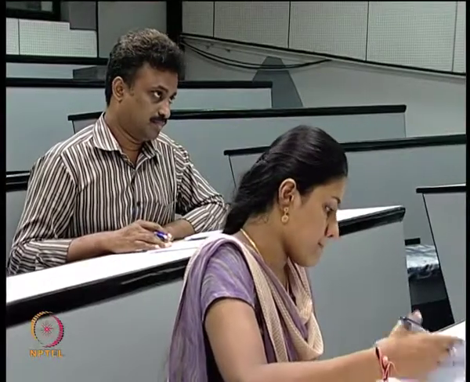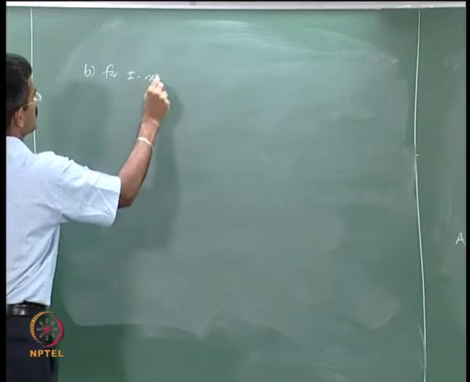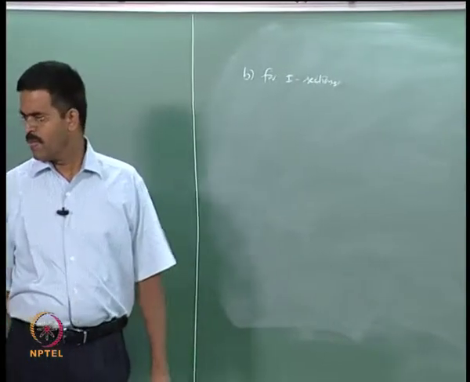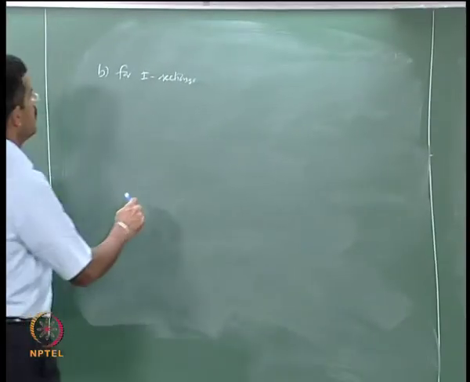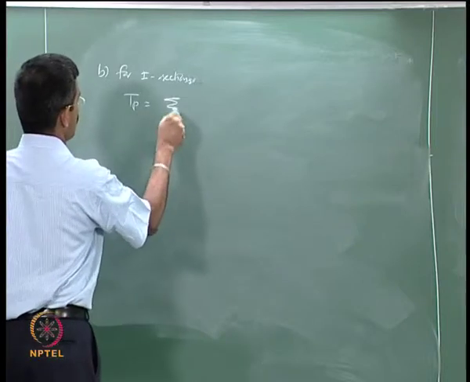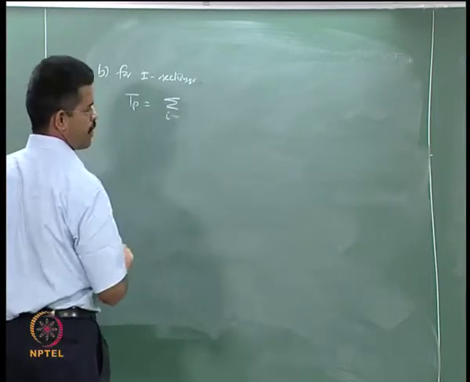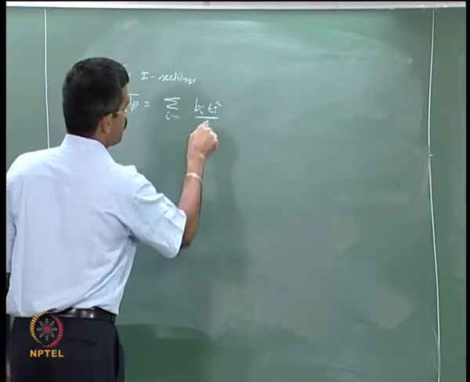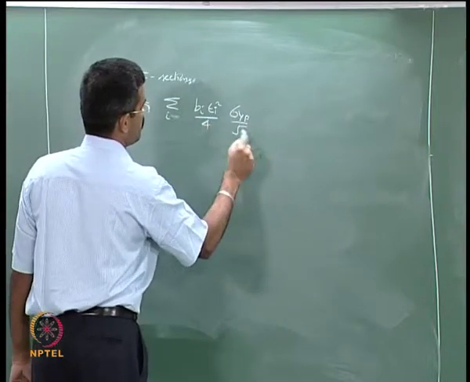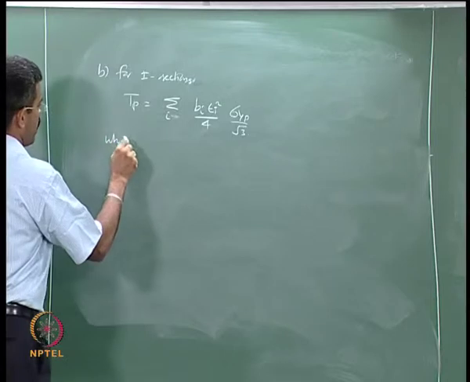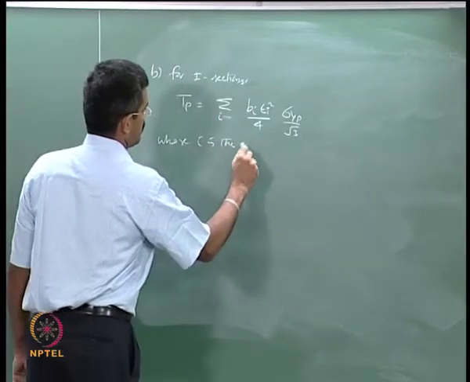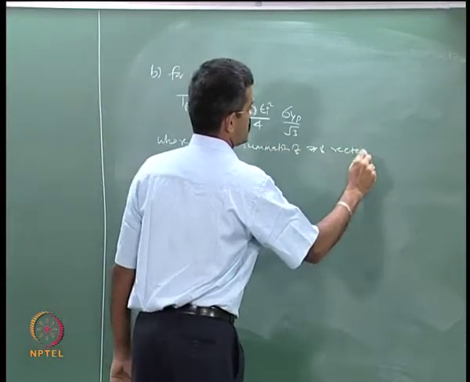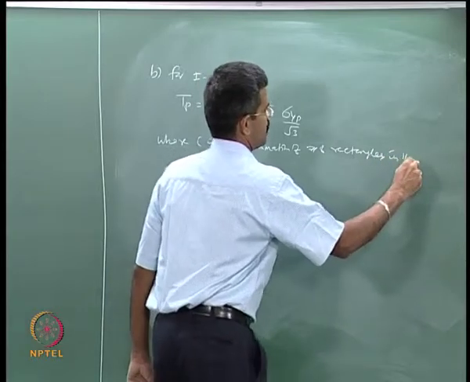If you really want to apply this concept for an I section, the same concept can be applied as it is. Tp will now be the sum over i of Bi Ti square by 4 sigma yp by root 3, where i is the summation of the number of rectangles in the I section.